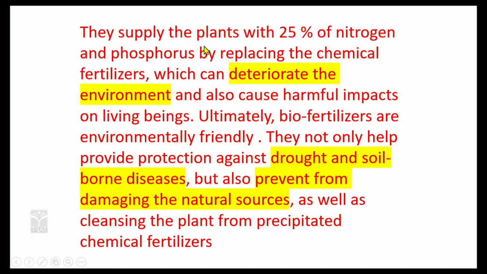They supply the plants with 25% of nitrogen and phosphorus by replacing chemical fertilizers, which can deteriorate the environment and also cause harmful impact on living beings. So, the utilization of chemical fertilizers can be reduced by shifting to biofertilizers to an extent of 25%. So, the input cost is reduced.